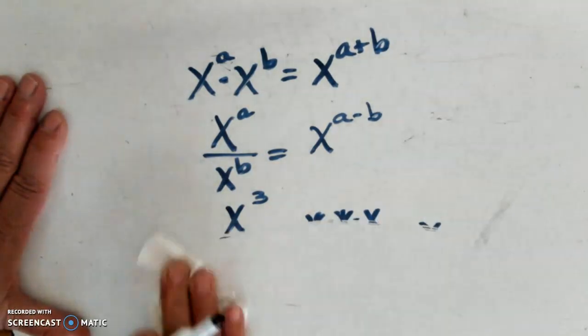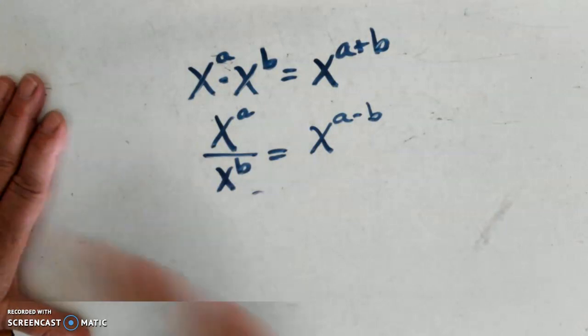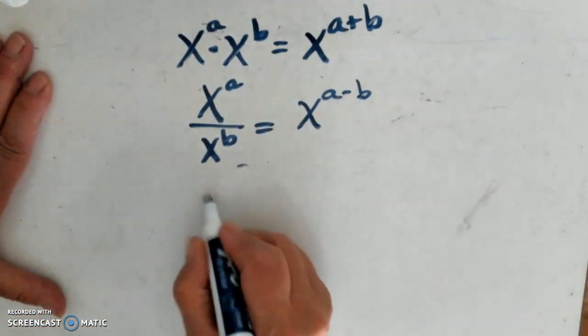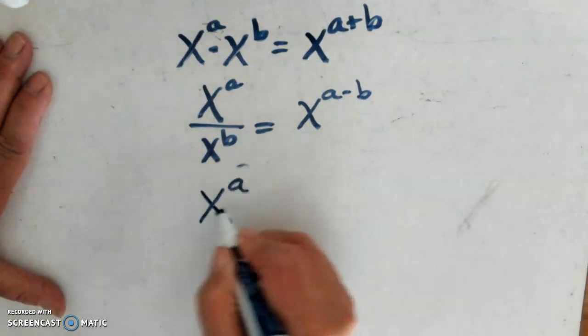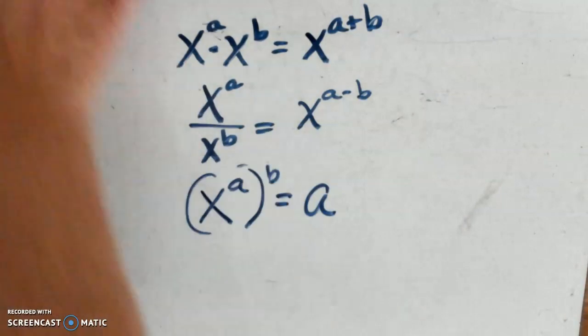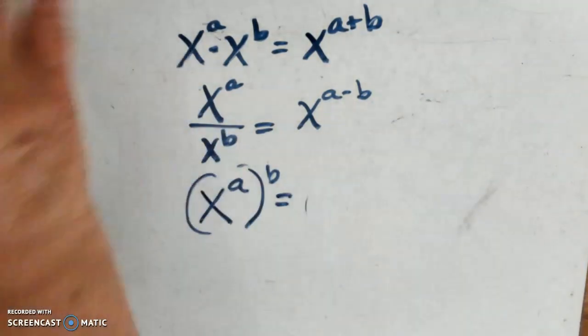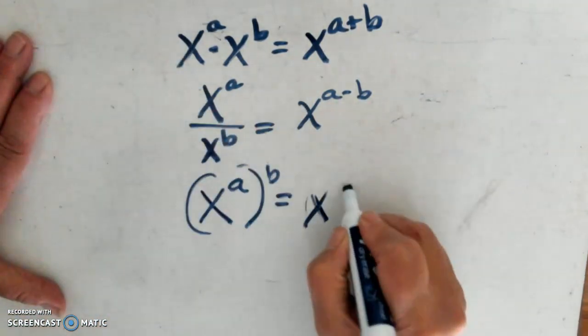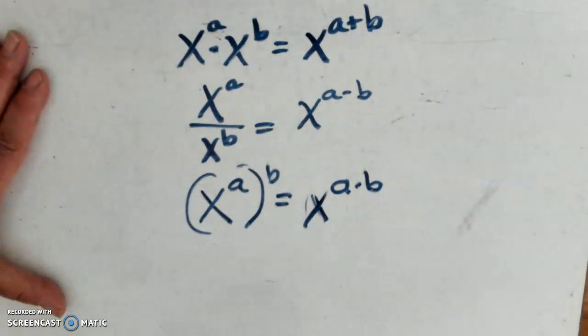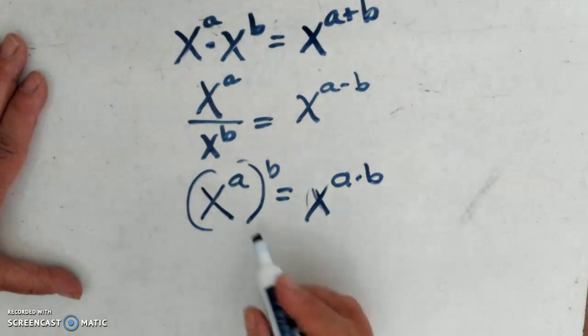Today we're going to learn our third rule. And the third rule is that x to the a power to the b power is the same as x to the a times b. And I can prove this again by doing an example.